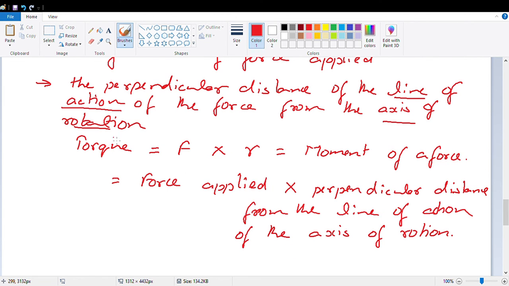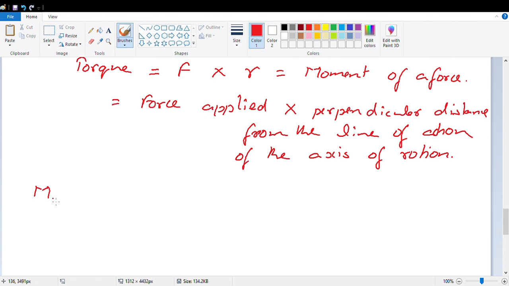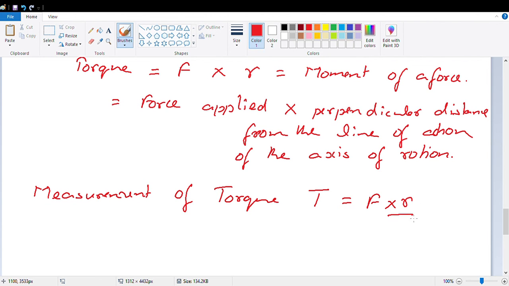Now that you have the formula, torque equals force applied into perpendicular distance from the line of action to the axis of rotation. So this formula gives us the measurement of torque. And torque is represented by capital T, which equals F into r.